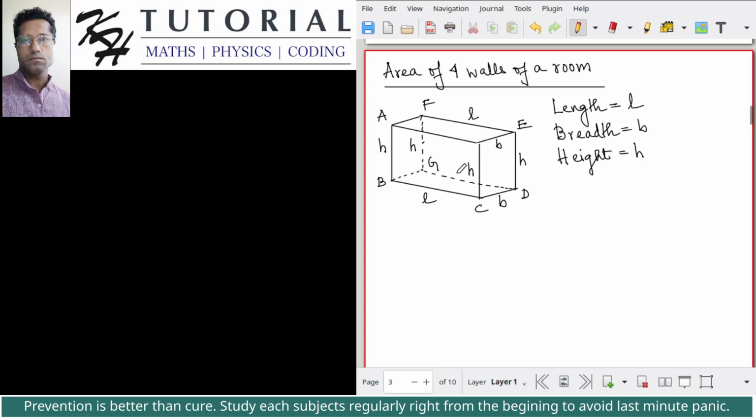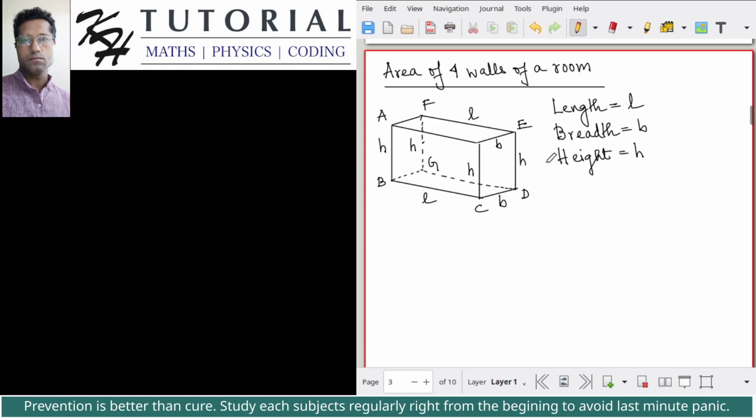As you can see in this figure, we have a room. As you know, the room has 3 dimensions: length, breadth, and height. In this figure, the vertices A, B, C, D, E, F, G, H are the corners of the room. We are representing the length of this room as small l, the breadth as small b, and the height as small h.